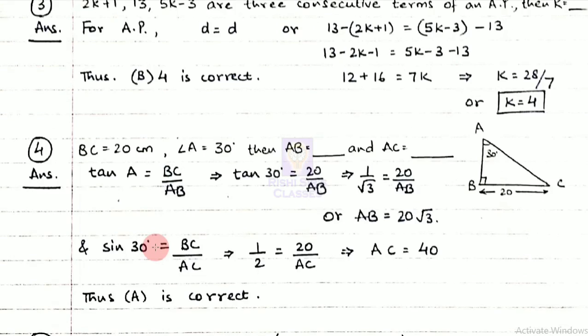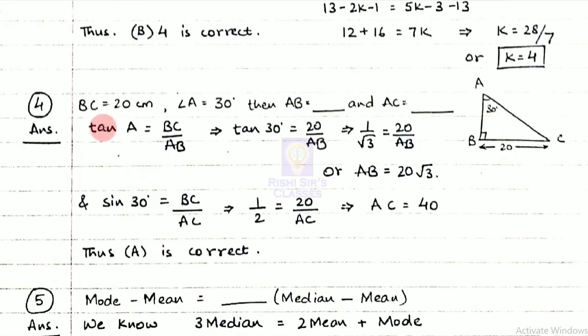Moving on to question number 4. BC is given to us as 20 centimeter, angle A is 30. Then, what is the value of AB and what is the value of AC? In this, we simply need to apply the concept of trigonometry. tan 30 will be equal to 20 upon AB, because tan means opposite upon base.